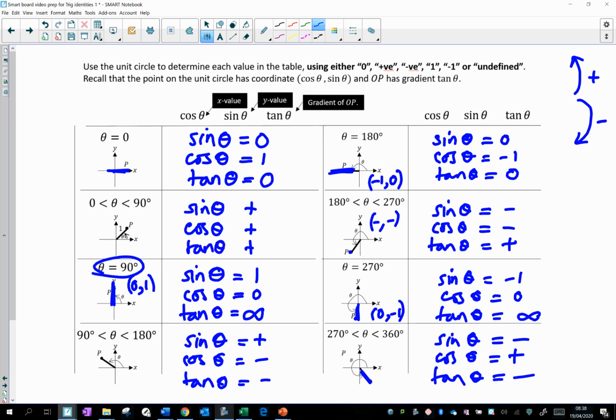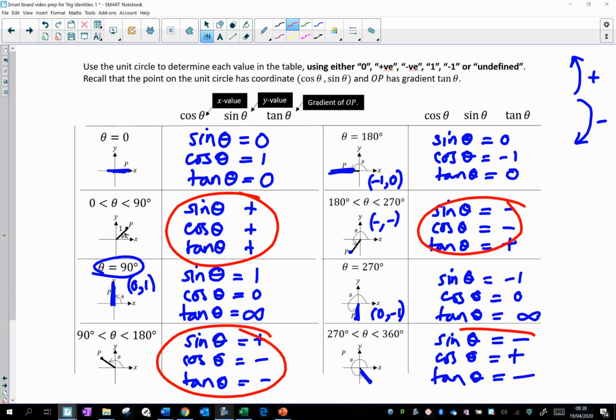Okay, let's just consider these, because the important ones that I would like us to look at are this one, this one, this one, and this one. The rest of them we can get from the graphs. We know those values from the graphs. But notice between 0 and 90, all of these are positive. Between 90 and 180, it's the sine which is positive and the rest are negative.